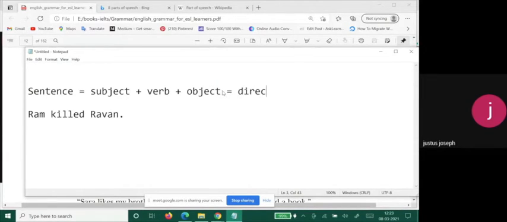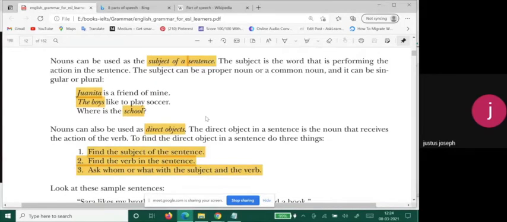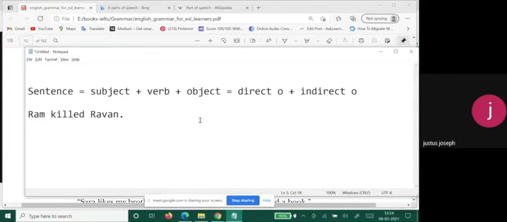You have direct object and you have indirect object. Now, let's understand what is this. If you want to write it down, please write it down. The sentence is this: subject, verb, object. An object can be a direct object or an indirect object. You can put all of that possibly in a bracket.